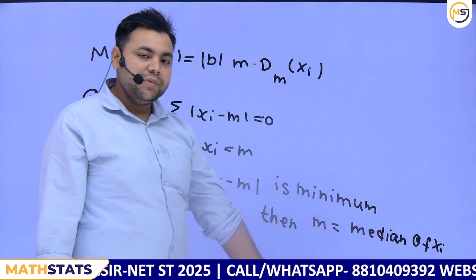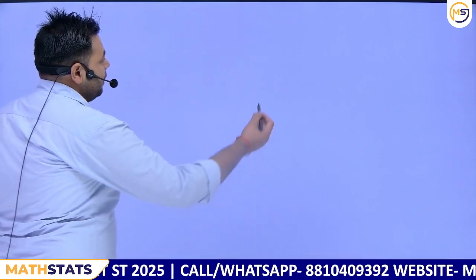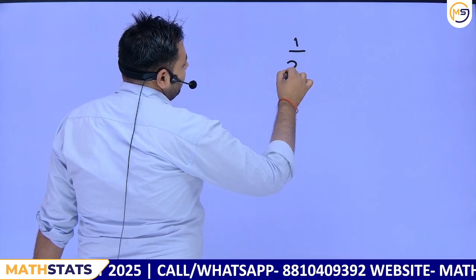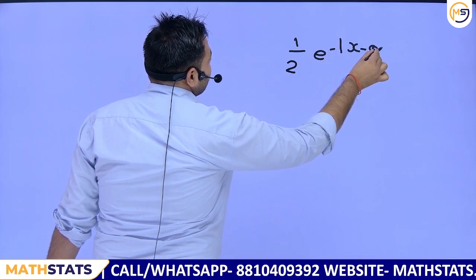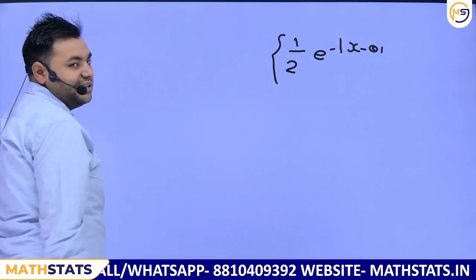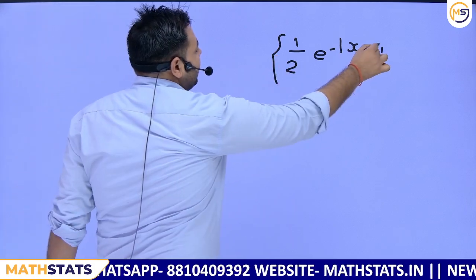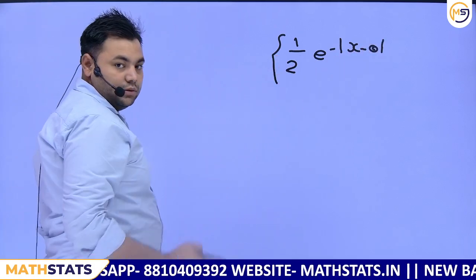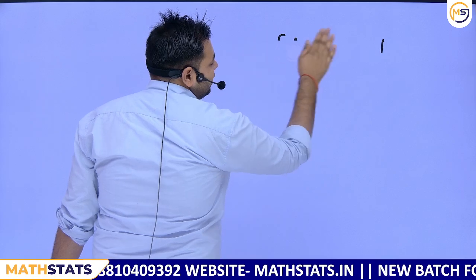If anyone remembers, suppose 1 upon 2 e to the power minus mod of x minus theta is my PDF. What is the MLE here? How to find the MLE? We can use this property.